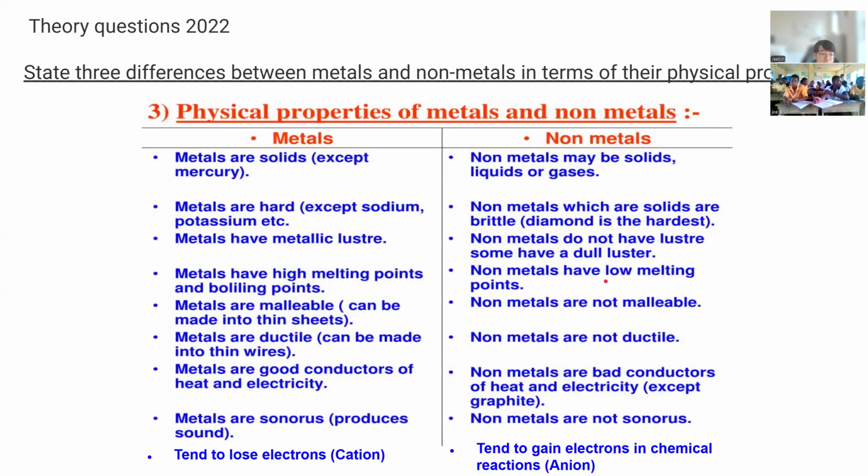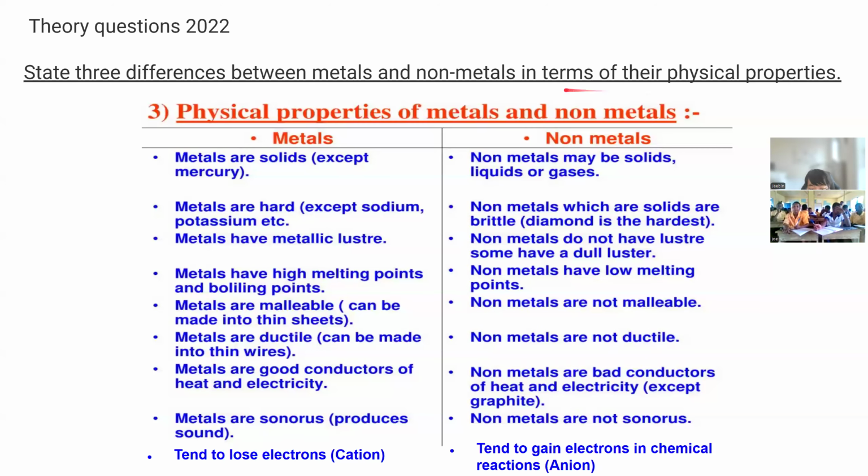Let's look at this theory question. It asks us to state three differences between metals and nonmetals in terms of their physical properties. So I have a chart here that compares physical properties of metals and nonmetals. Metals are always solids, but nonmetals may be solids, liquids, or gases.